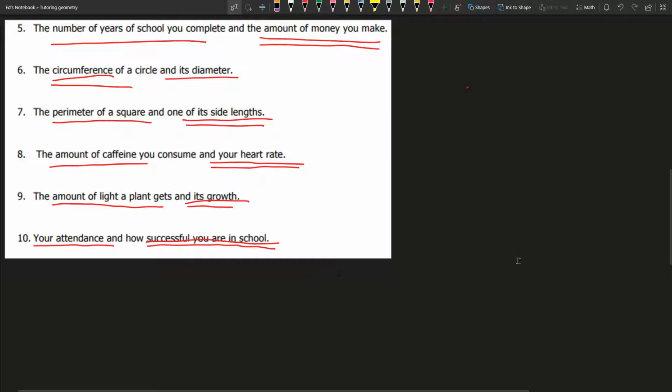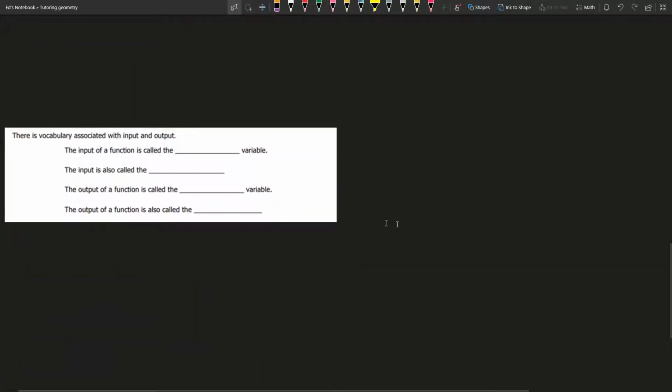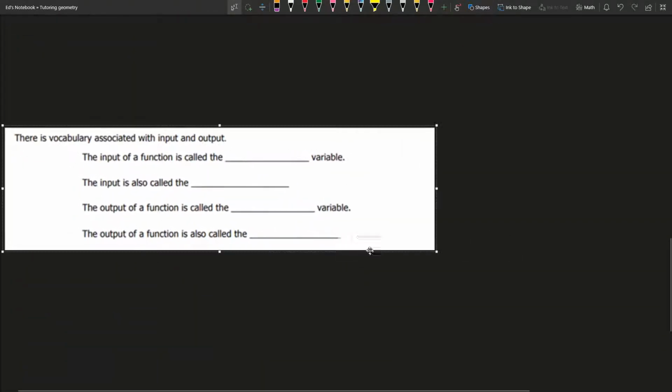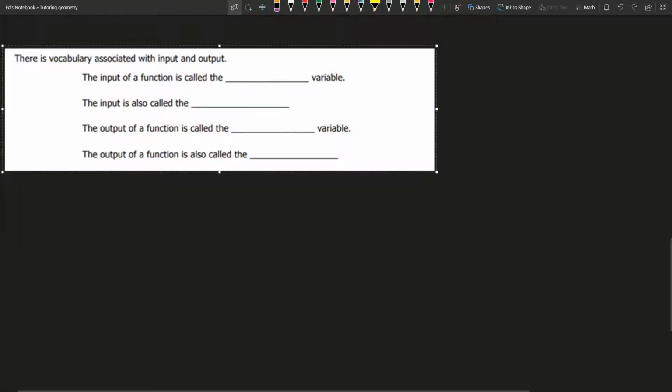So you guys may have seen stuff like this before. We have a little bit of vocab that I just want to do at the end here. There is vocab associated with input and output, and you use this stuff a lot of times in science or physics classes, right? The input of a function is called the independent variable.